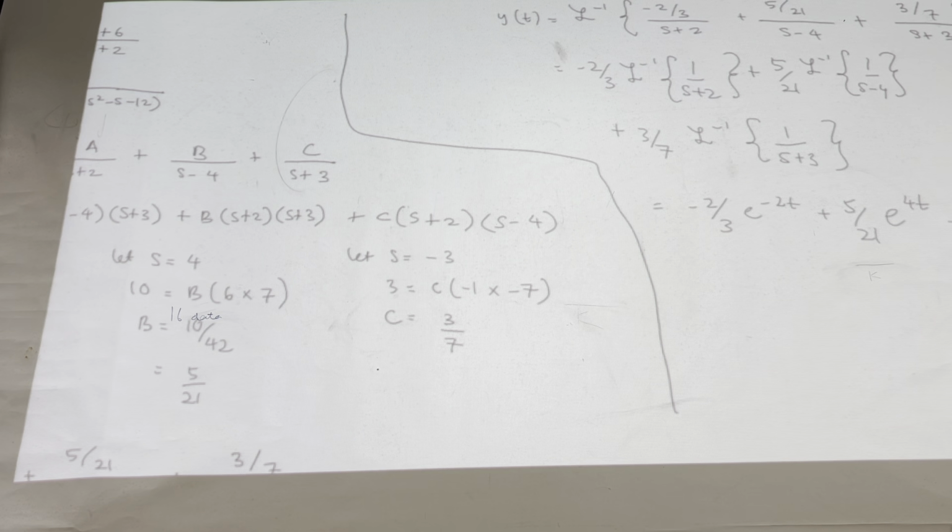Substitute the initial values, so y0 is 2, y prime 0 is 1. So s square YS minus s y0, y0 is 2, so 2s, minus y prime 0, so minus 1, plus 4YS equal to 1 over s plus 2.